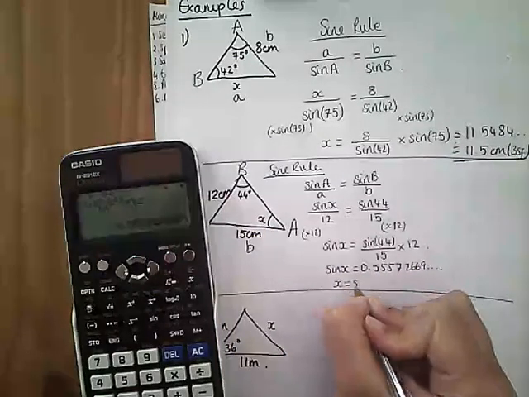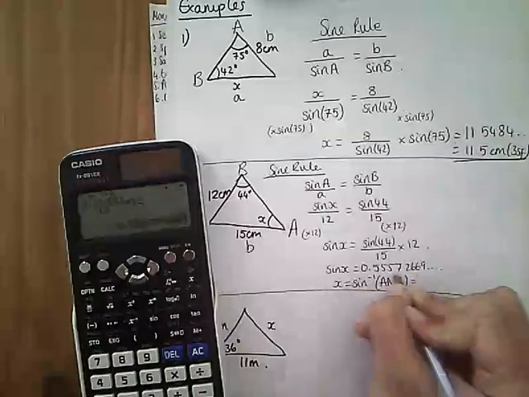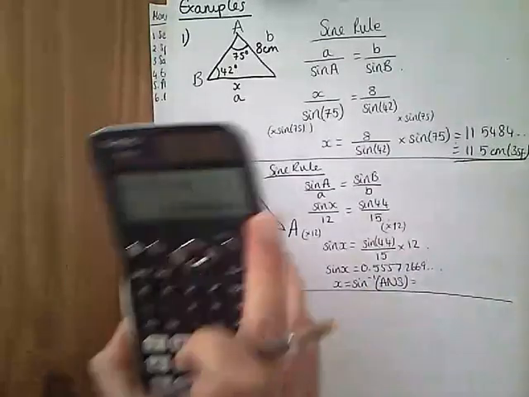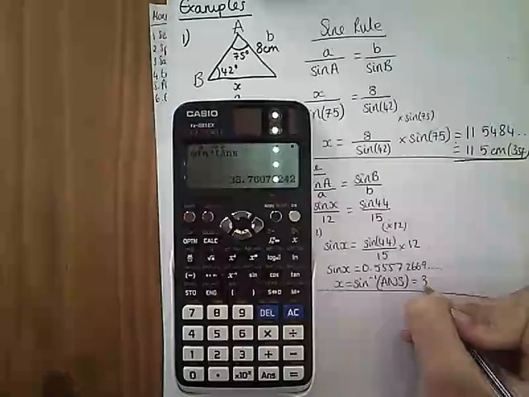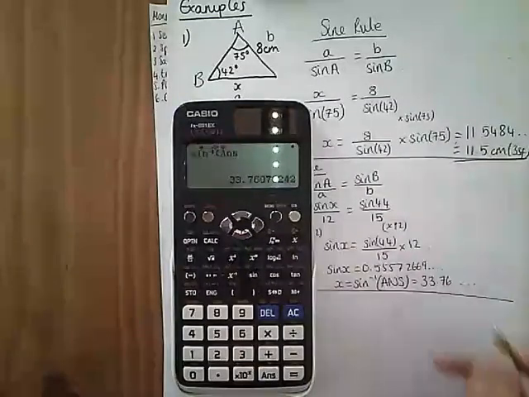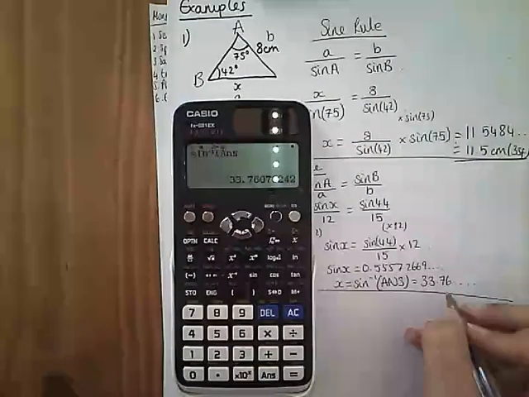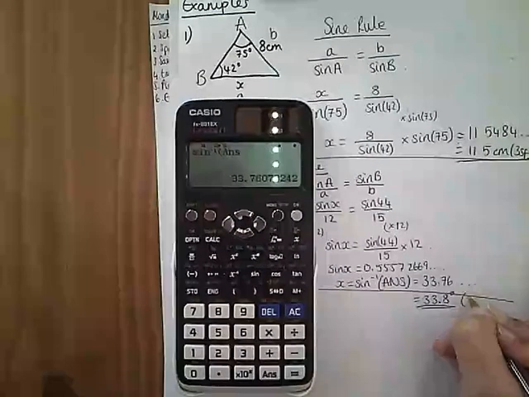So to reverse the sine, we can do sine to the minus 1 of our answer. So shift sine, and our answer gives us an angle of 33.76, which is 33.8 degrees to 3 sig fig.